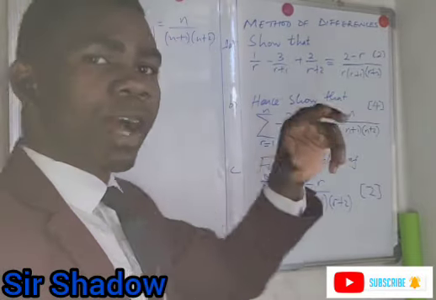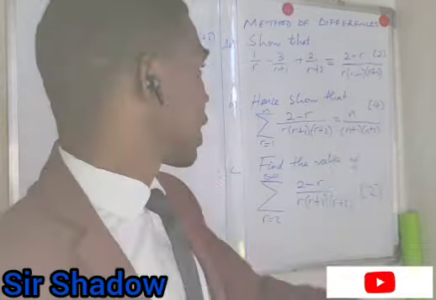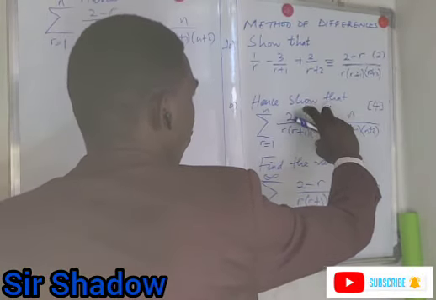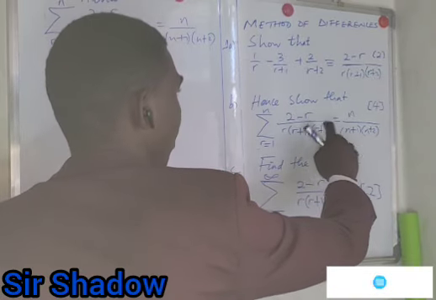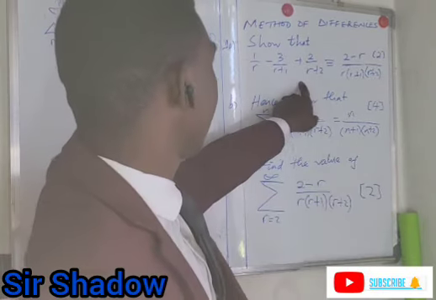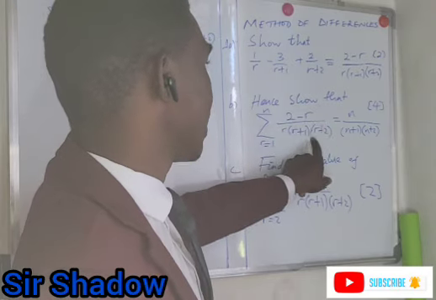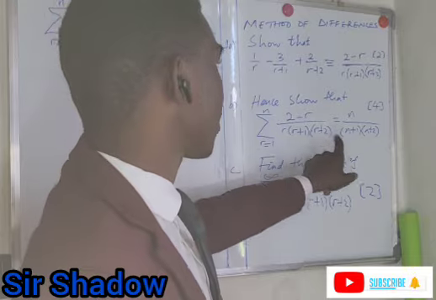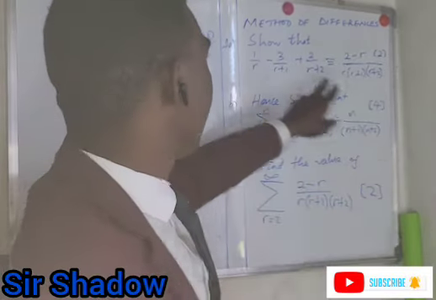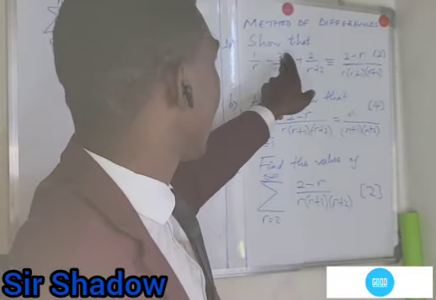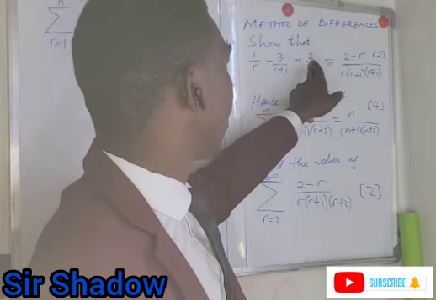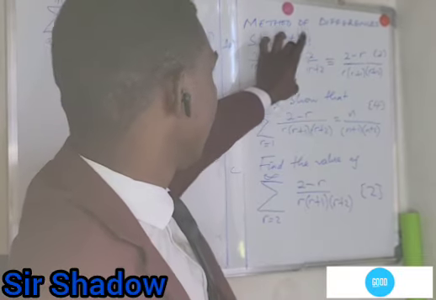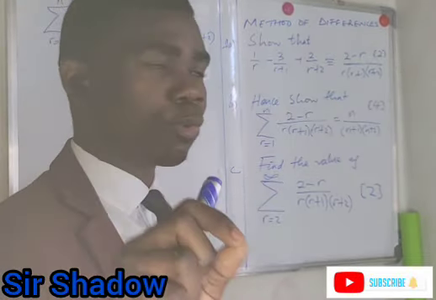So for us to apply the method of differences, you have to partialize this first. After partializing 2 minus r over r open bracket r plus 1 close bracket, r plus 2 using the linear factor, the solution is 1 over r minus 3 over r plus 1 plus 2 over r plus 2. So instead of writing this expression, write this one to apply the concept of hence, right?